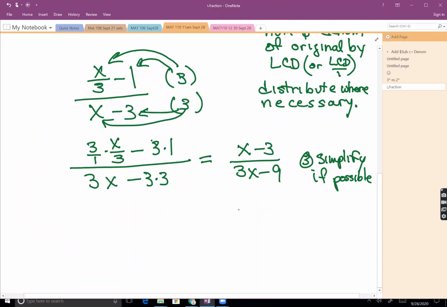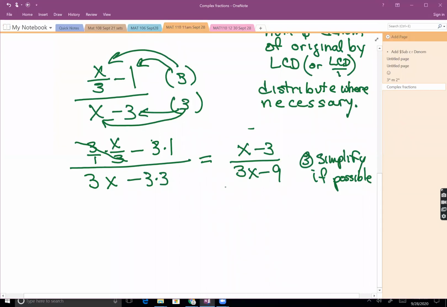Sure. So when you multiply the 3 over 1 times x over 3, does it cancel out the fraction? The 3's cancel. And if you choose the correct common denominator, after you do that multiplication, you should have no fractions left.